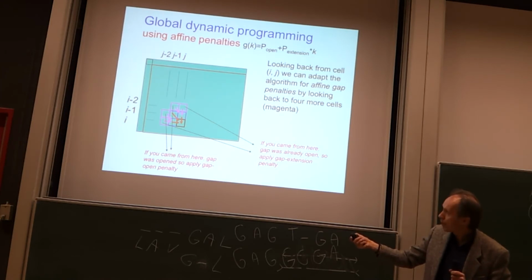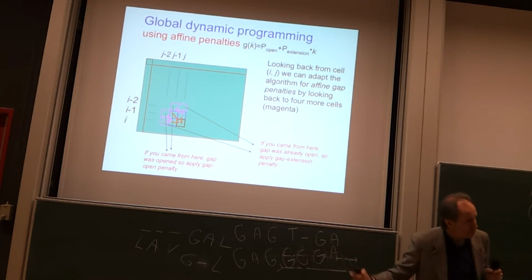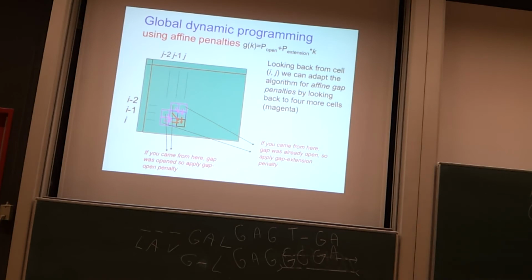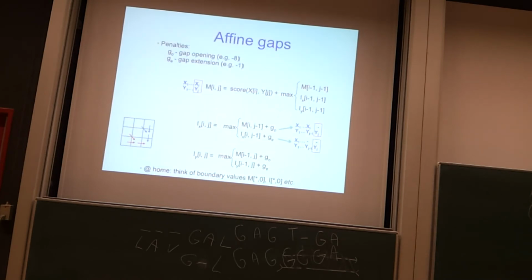If you came from here, this already means a gap. That means that if you insert another gap, you're extending. And that, of course, is the same for coming from the top as it is coming from the left. So in practice, a lot of algorithms do it like this. You don't need to know this by heart, right? Just filling you in on what is going on over there.